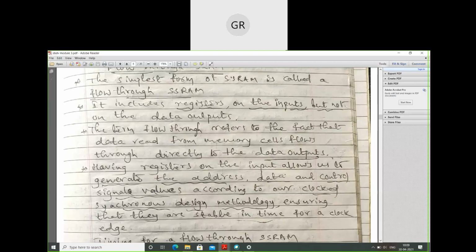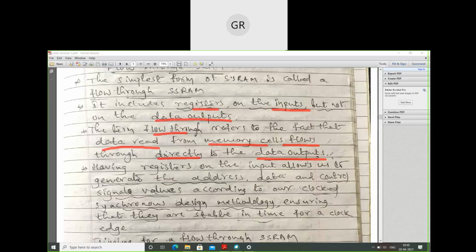The term flow through refers to the fact that data read from memory cells flows directly to the data outputs of the SSRAM.